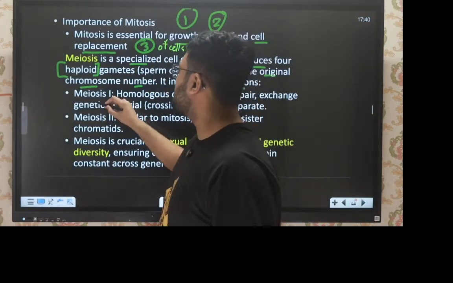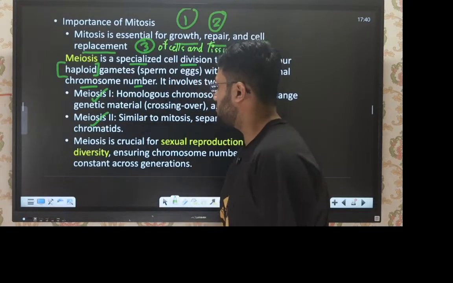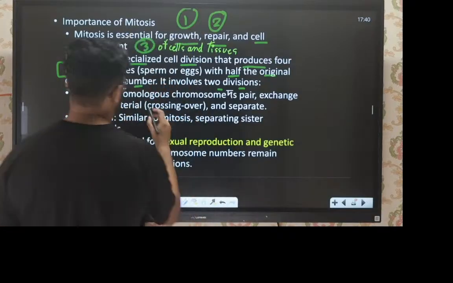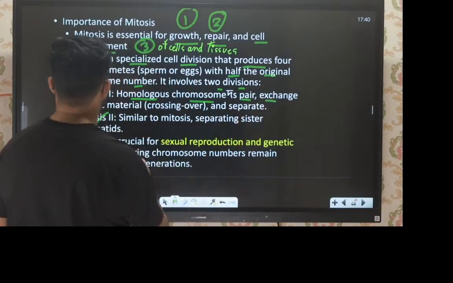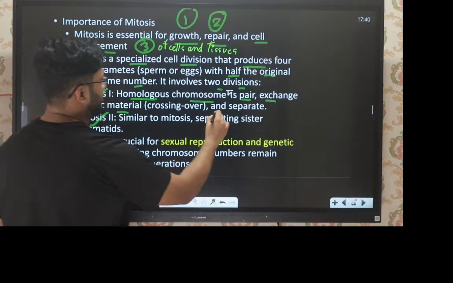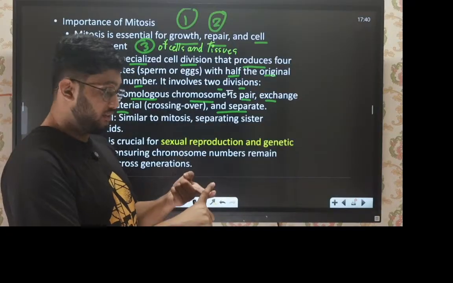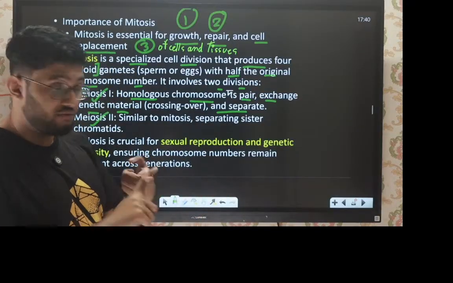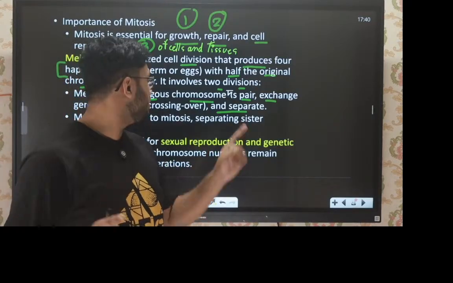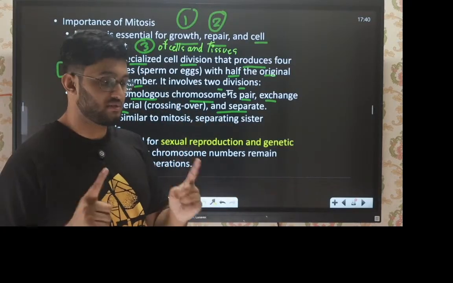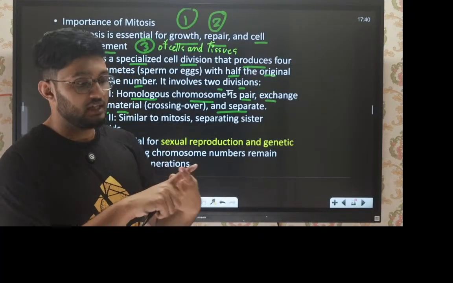Now, what are the types of meiosis? We have meiosis 1 and meiosis 2. What happens in meiosis 1? The homologous chromosomes pair, exchange the genetic material, and separate. So two chromosomes of the same type pair together, exchange their information, and then they separate.